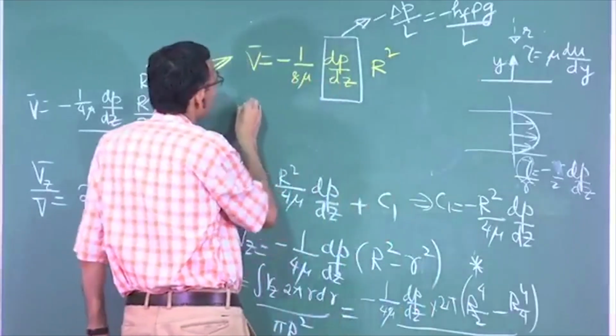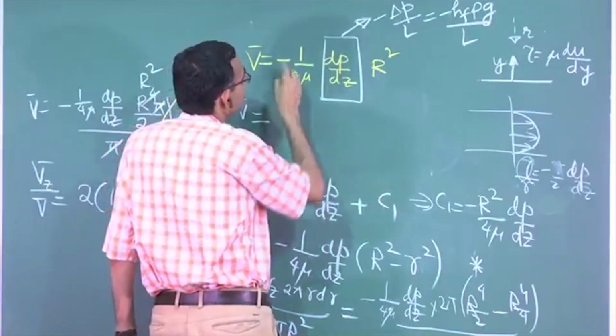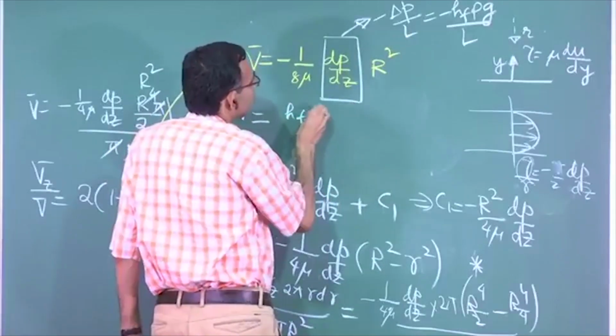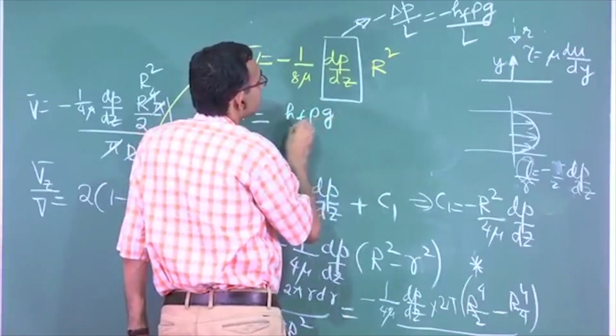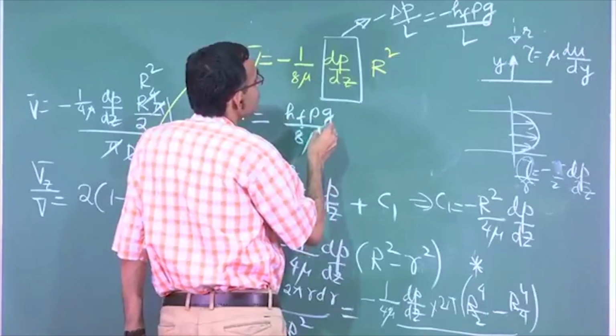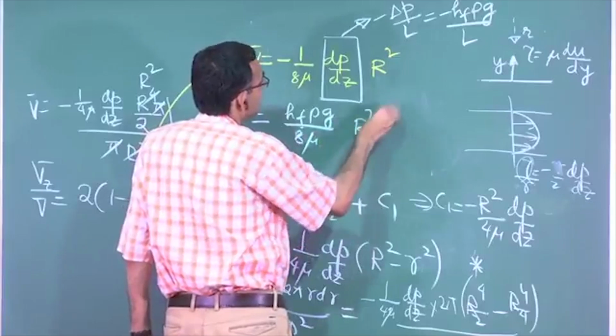So, you will get V is equal to, these two minus signs get cancelled out, so HF rho g by 8 mu r square.